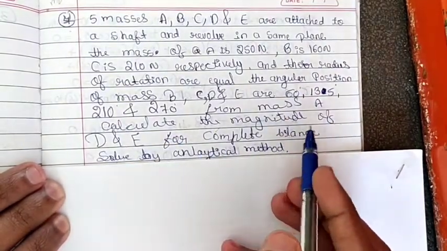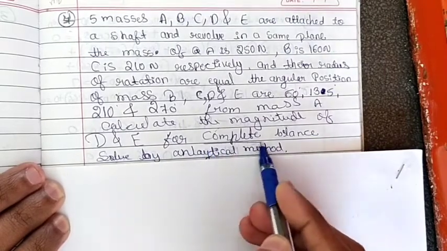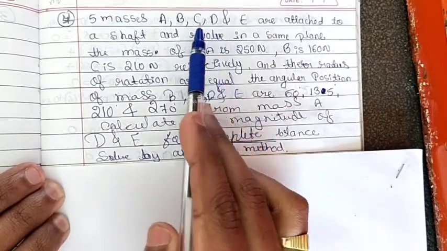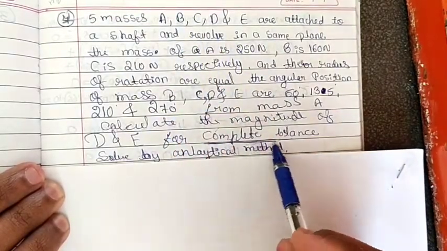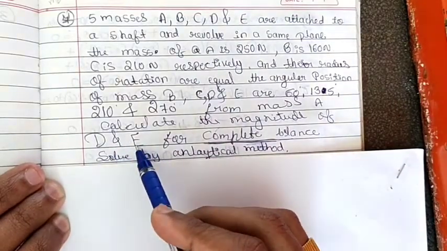Calculate the magnitude of D and E for a complete balance. He is telling complete balance, that means these five masses are in complete balance. So when these five masses are in complete balance, you need to find MD and ME.